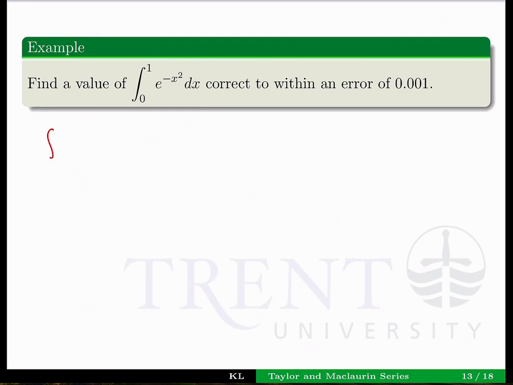So, the integral of e to the negative x squared dx from 0 to 1 is equal to the series, n from 0 to plus infinity, of negative 1 to the n x to the 2n plus 1 divided by 2n plus 1.